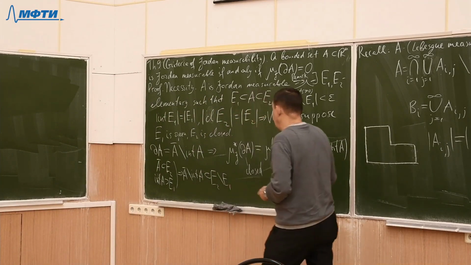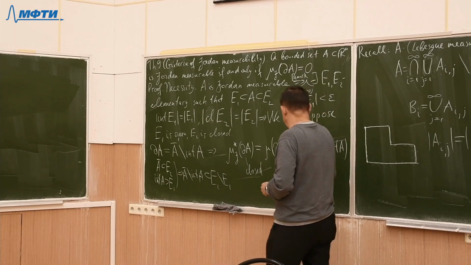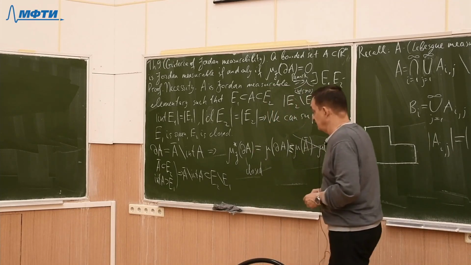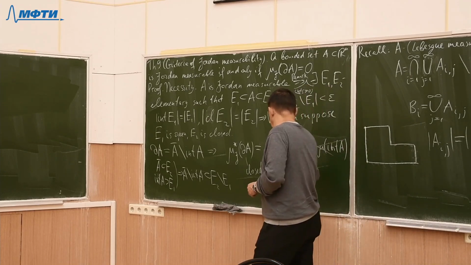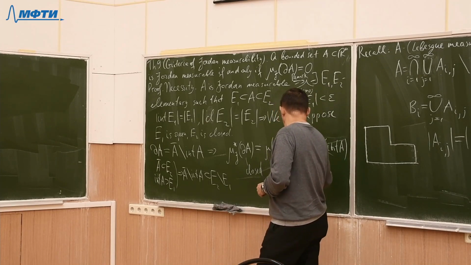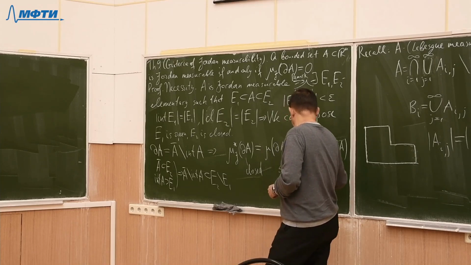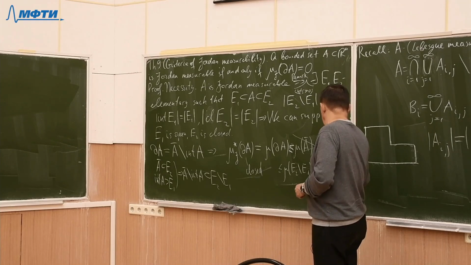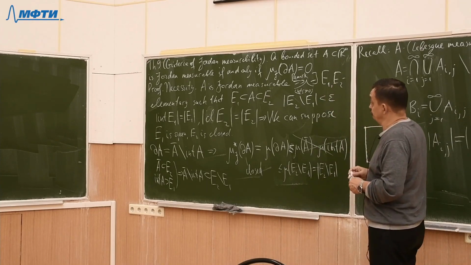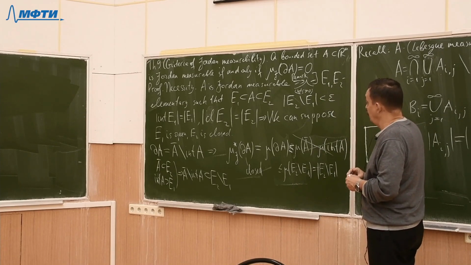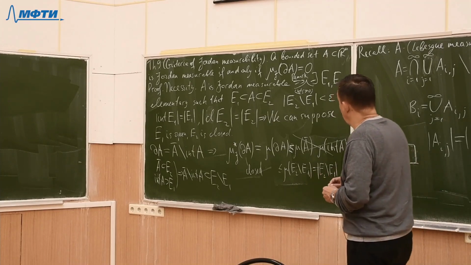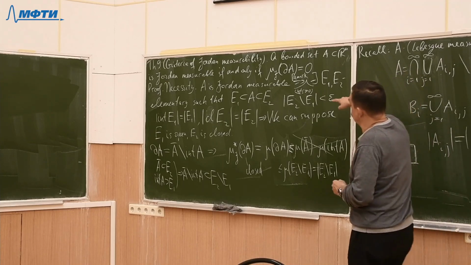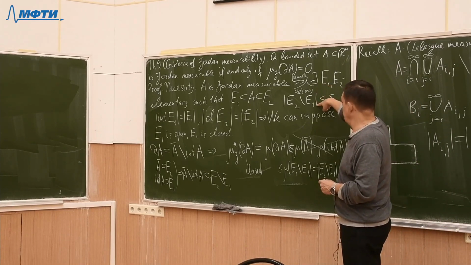Hence, the measure of the boundary is less or equal than the measure of E2 minus E1, which is just the volume because that is an elementary set. And by the construction, recall, this volume was less than epsilon.